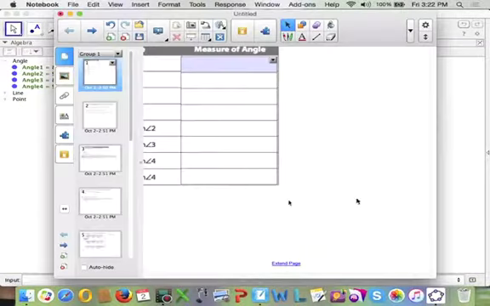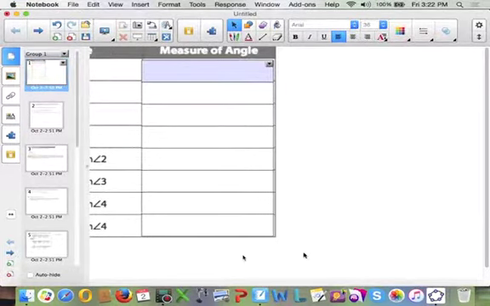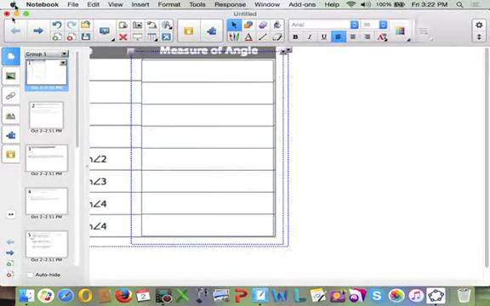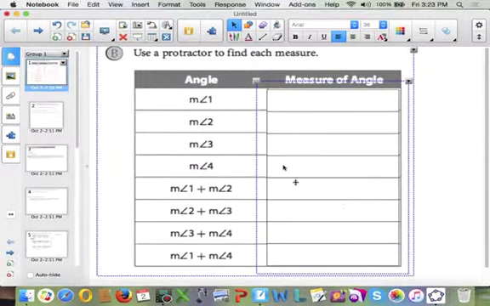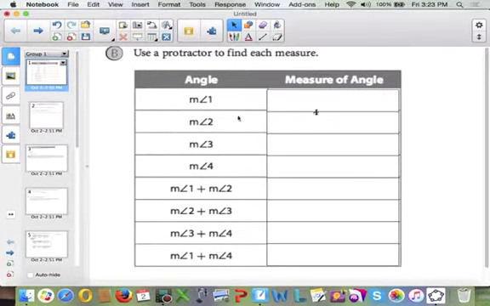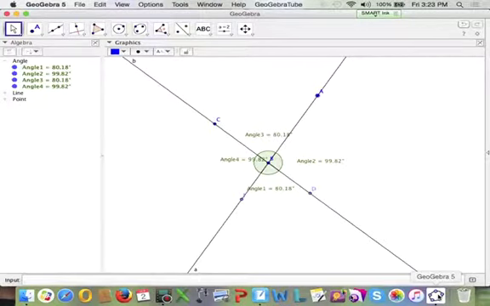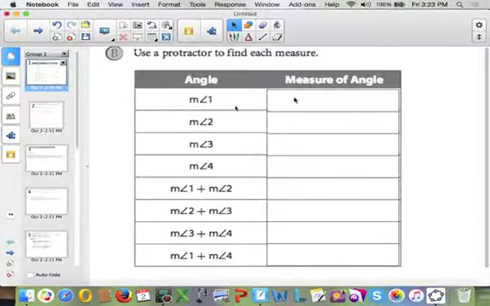So in this table, in the Explore section of your notes, it's asking you to find each of these angle measures. So in the diagram, angle 1 is 80.18.